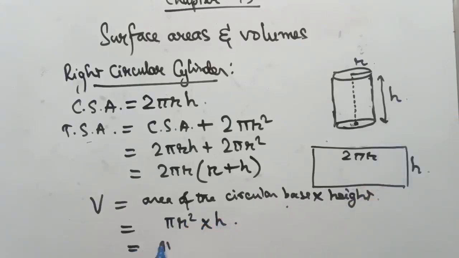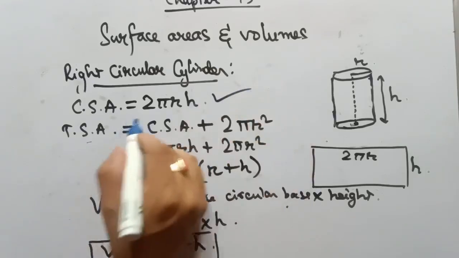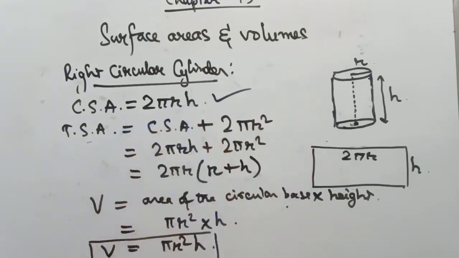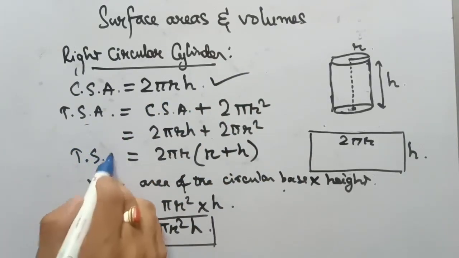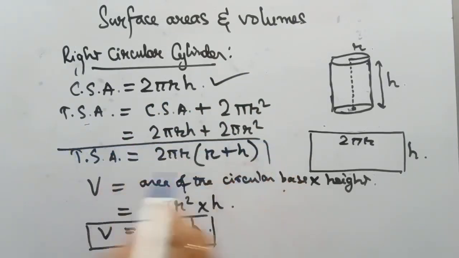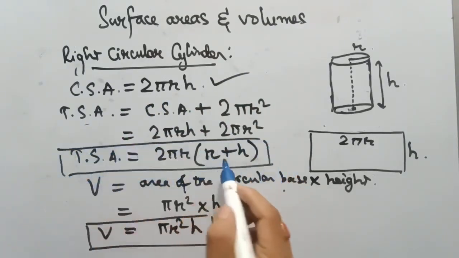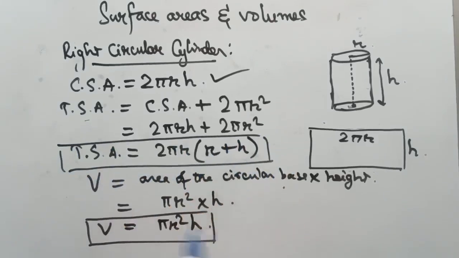So this will be pi r square h. So the volume of a right circular cylinder is pi r square h. So for a right circular cylinder, the curved surface area is given by 2 pi r h, the total surface area is given by 2 pi r within bracket r plus h, and the volume of a right circular cylinder is given by pi r square h.